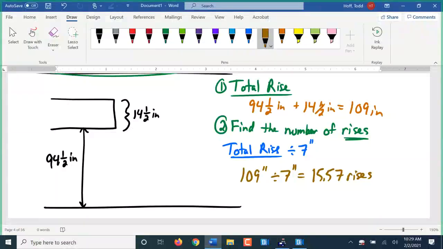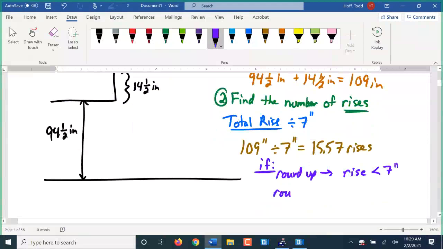Now, if we round up, our rise will be less than 7 inches.